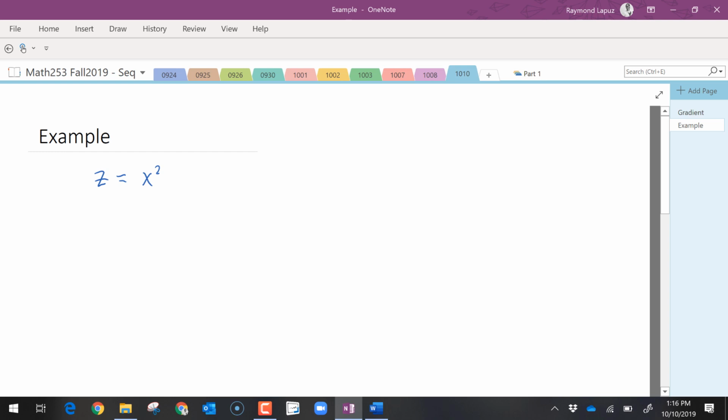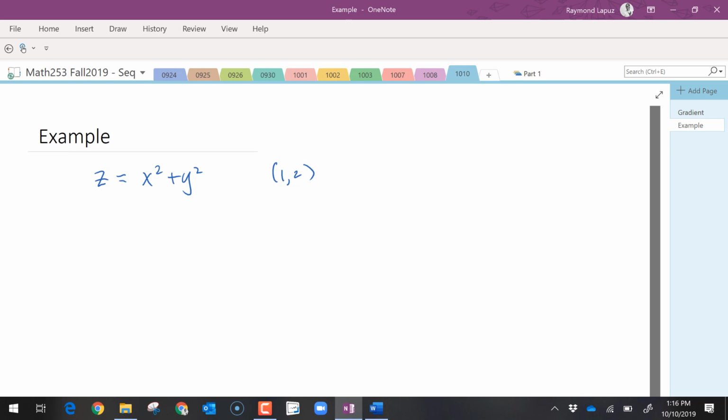Let's just do a simple one: z equals x squared plus y squared. Okay, that's my paraboloid. Let's pick a point. A two-dimensional point. 1, 2. So that's my point in 2 dimensions, right?